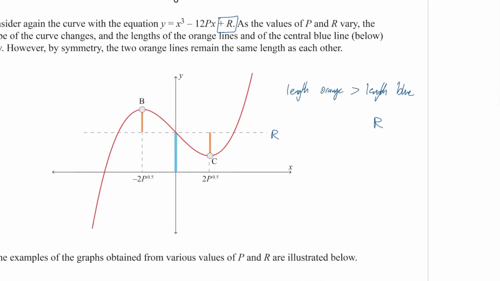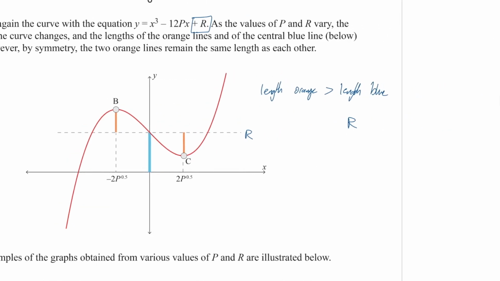So let's get that height there. So the y value of b, well, we know the x value, and we can substitute that into the function, for x, to get the y value.